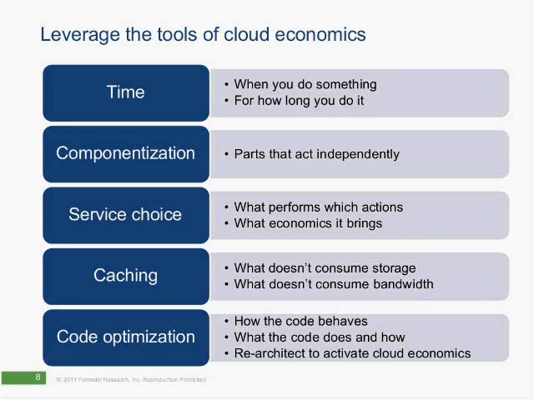Third thing to think about is service choice. Now, some of this might be what services you design and where you put those services, but it may also be what services are provided by the cloud provider that you can simply tap into rather than having to write that function yourself. And a lot of the services you would be tapping into, and this is particularly true in the platform as a service market, is you may be tapping into a service in which you don't pay a penalty for using more of that service.